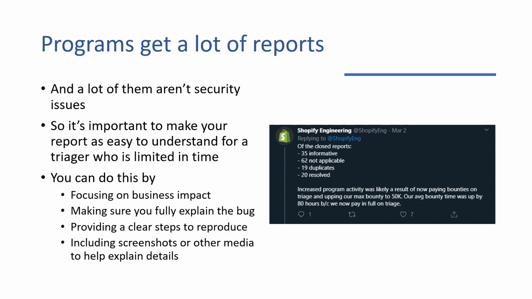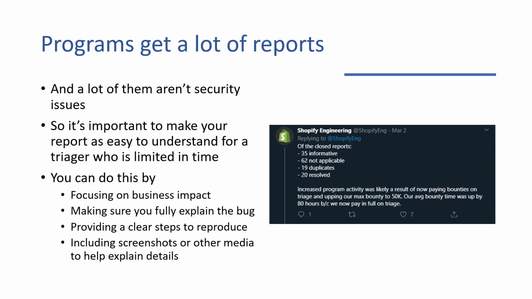And they had a bit more activity, and they changed. You can see here they're talking about how they changed their bounties and changed to paying bounties on triage rather than paying on fix. So it's really important to make your report as easy to understand, because when a triager is dealing with 62 not applicable reports, they're not necessarily 100% looking for the really good ones.